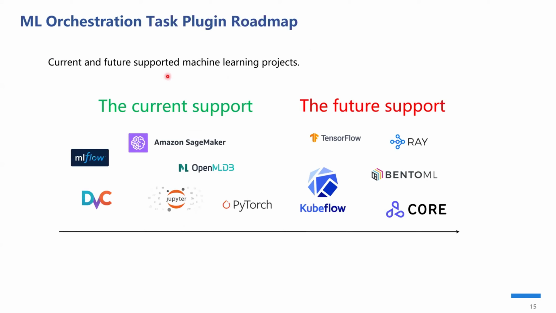Okay, so I have a little summary for the ML orchestration. Currently we support SageMaker, MLflow, Jupyter, DVC, and PyTorch, but in the future we are going to support something like TensorFlow and also Kubeflow. I want to make a little comment about Kubeflow.